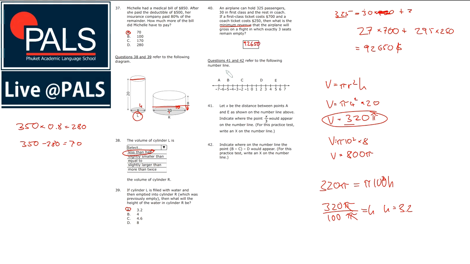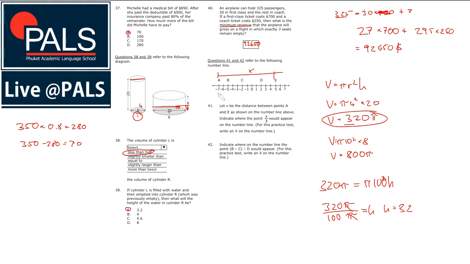41 and 42 refer to the following number line. Let x be the distance between points A and E. As shown on the number line above, indicate where the point x divided by 3 would appear.